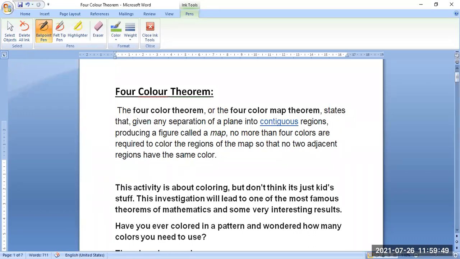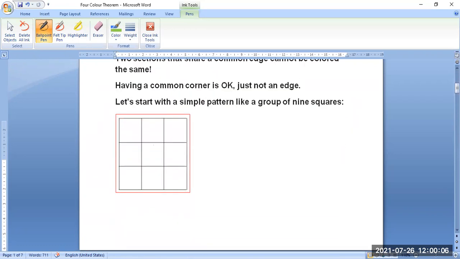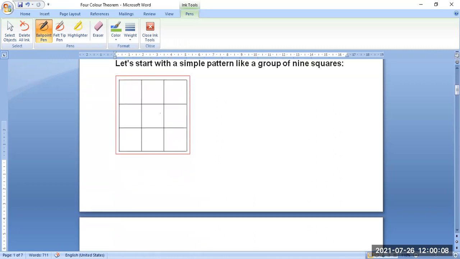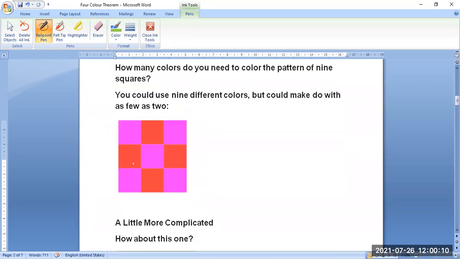That is the four color theorem, and they have said that at most four colors are required, maybe less than four, but not more than four colors are required to fill up all those regions, so that no two adjacent regions will be in the same color. It is given here. For the first one, only two colors were required.